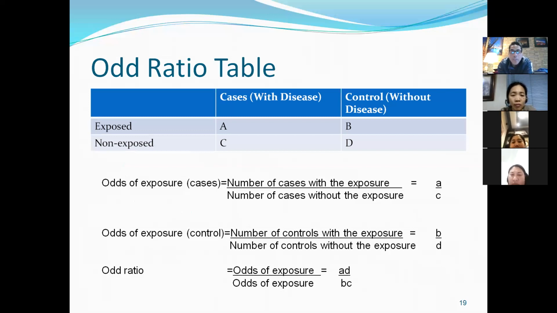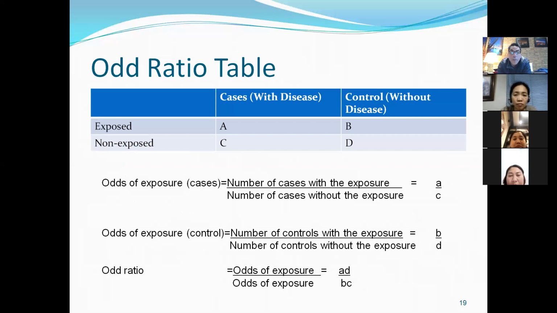So the odds of exposure for cases is the number of cases with the exposure, that's A, divided by the number of cases without the exposure, that's C. So that's A divided by C. That's your odds of exposure for cases.